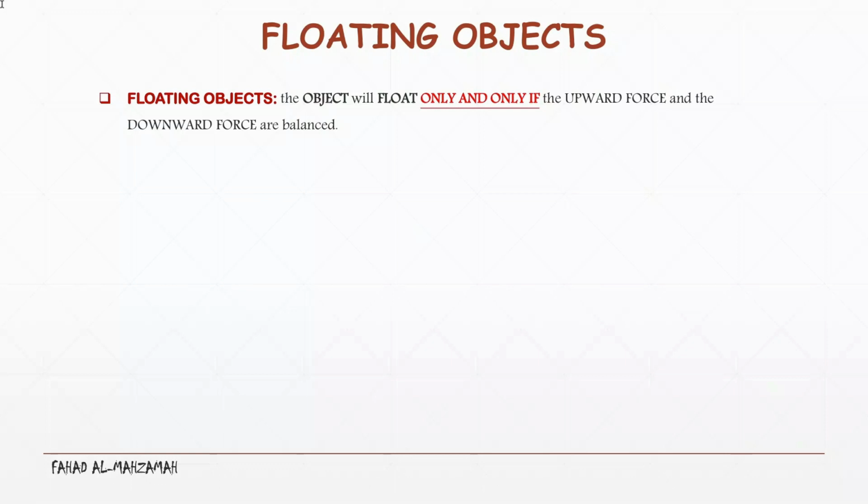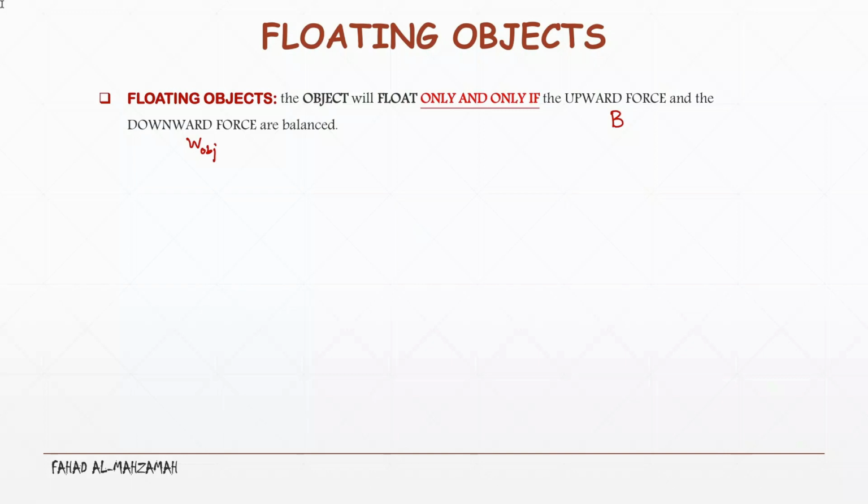The object will float only and only if the upward force, which we defined as buoyancy, and the downward force, which we call the weight of the object, are balanced.